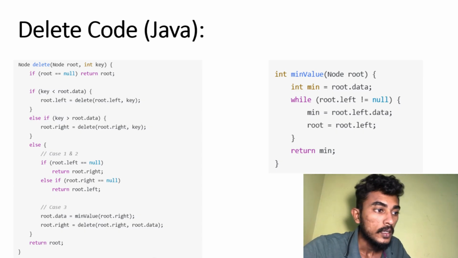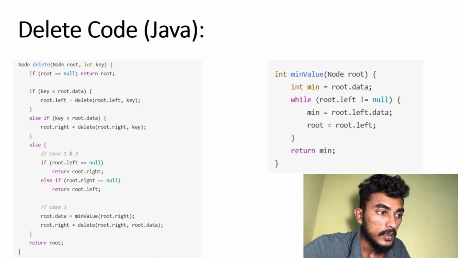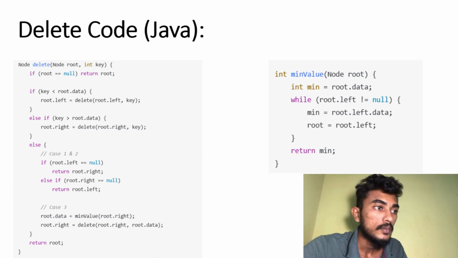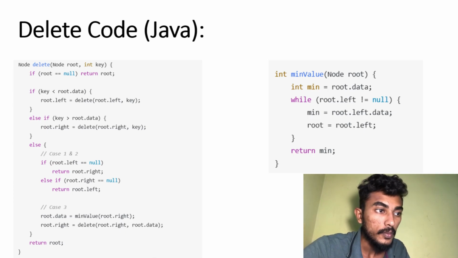The next step is to delete the in-order successor from root.right, deleting the value you need to delete in the two-child case. This is the helper method to find the minimum value. So that is the delete code implementation for the BST.